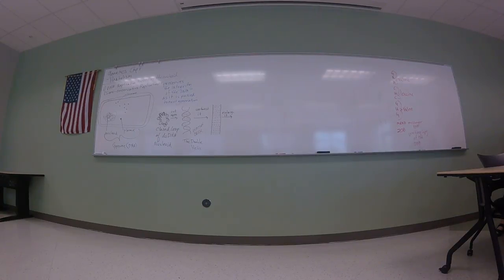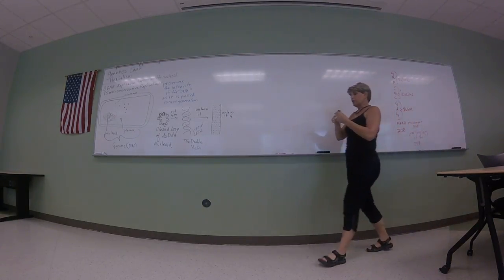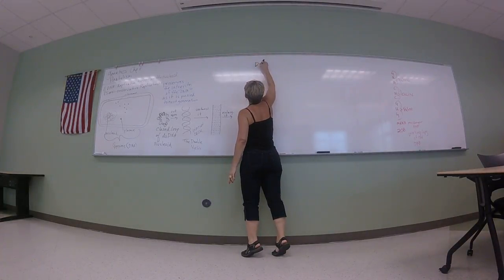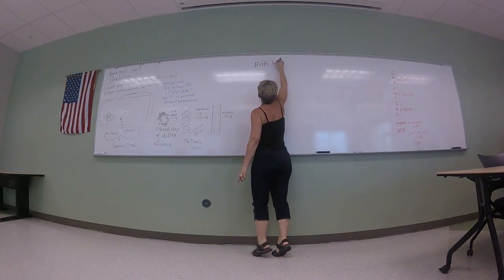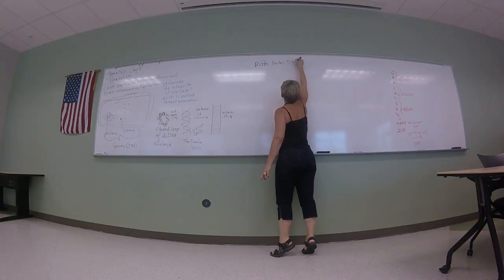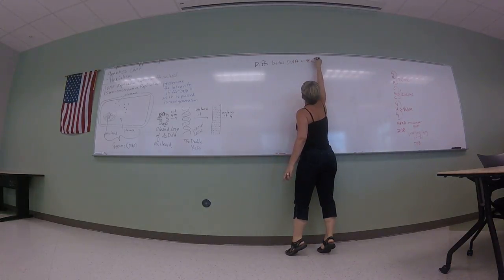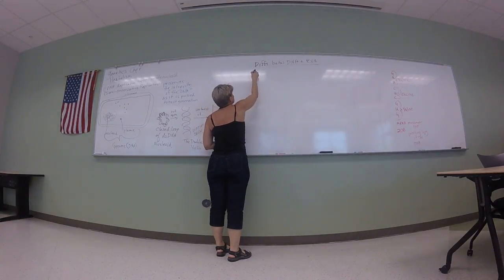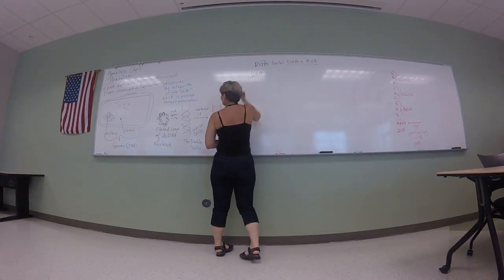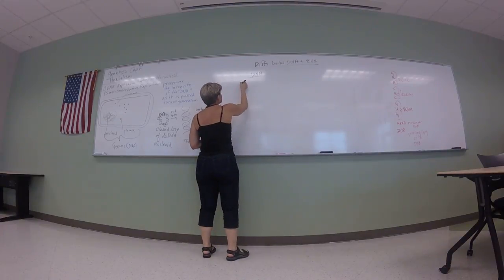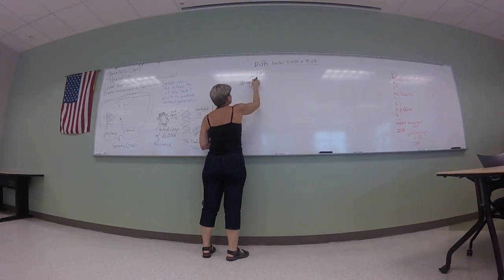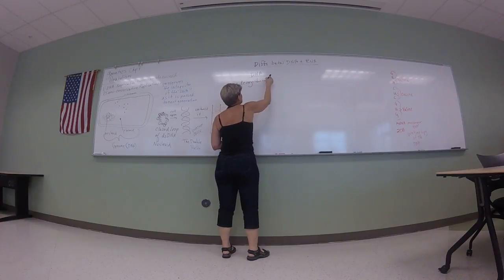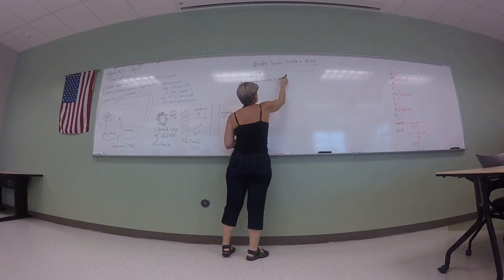All right, I just need a color change for my own enjoyment. Okay, we're going to call this differences between DNA and RNA. Okay, let's put DNA over here. DNA stands for deoxyribonucleic acid.